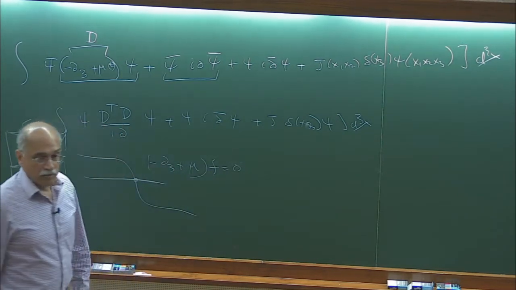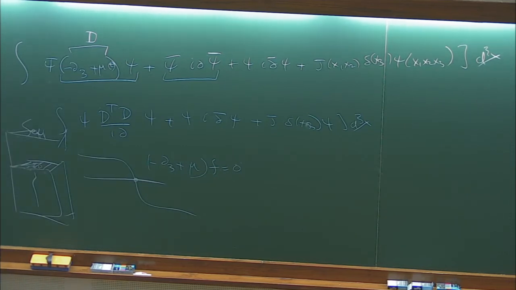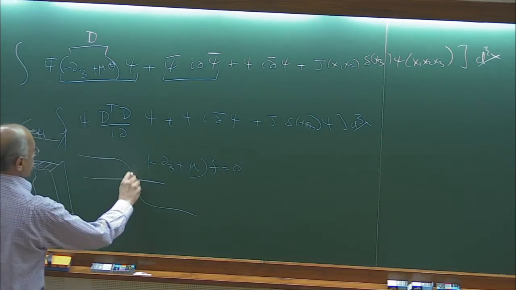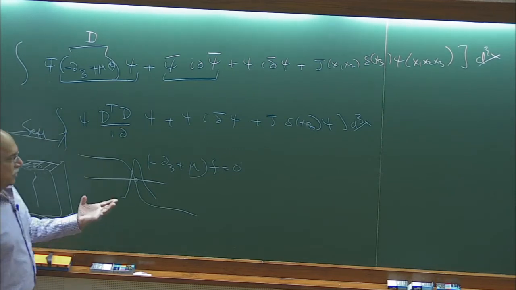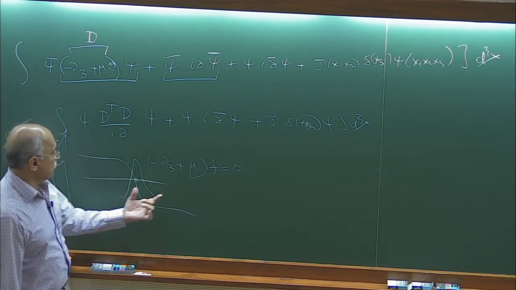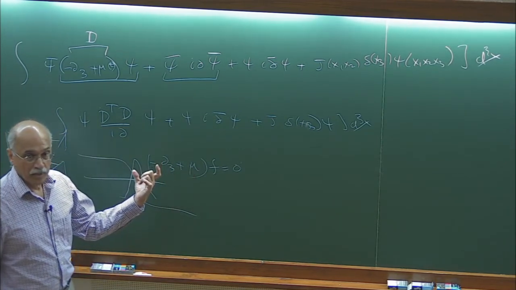It's called the Jackiw-Rebbi solution, which is localized in the vicinity of this, and it has 0 energy. This is really like the harmonic oscillator without the 1/2 zero-point energy, so that's exactly a 0 energy solution here.